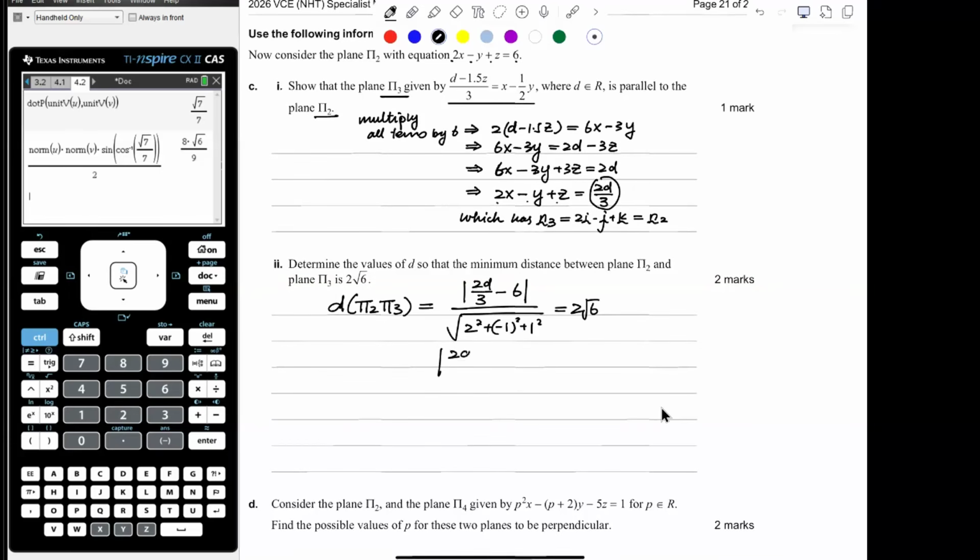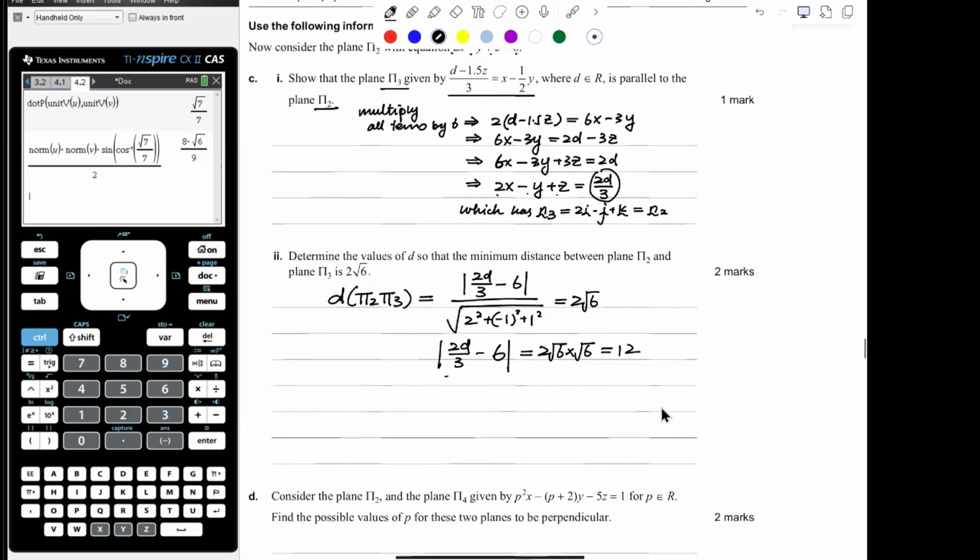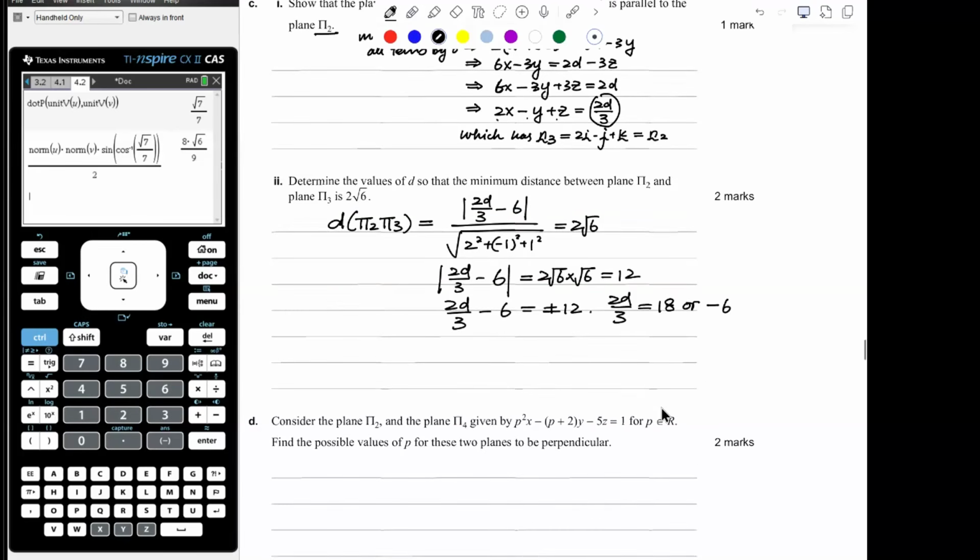Therefore, you get 2d over 3 minus 6 equals 2 root 6 times root 6. That's 12. Therefore, you get 2d over 3 minus 6 equals plus or minus 12. Okay? And 2d over 3 equals either 18 or, let's say, minus 6, I suppose. So you can solve that easily.